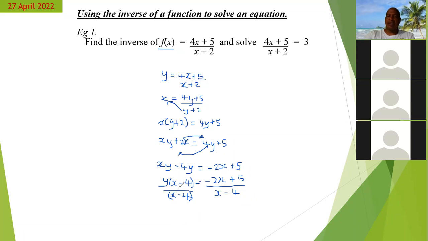So on the left-hand side, the brackets will cancel, and so y will remain. So y would be equal to minus 2x plus 5 over x minus 4.